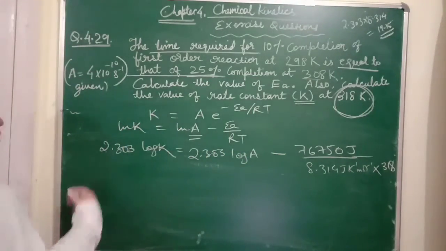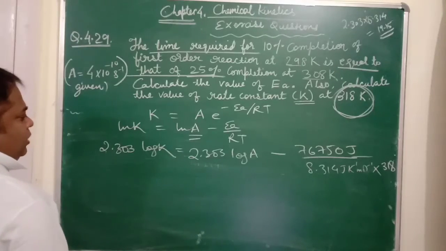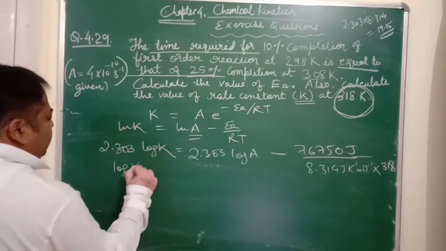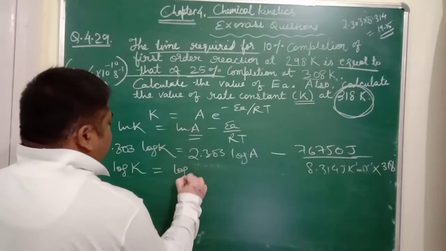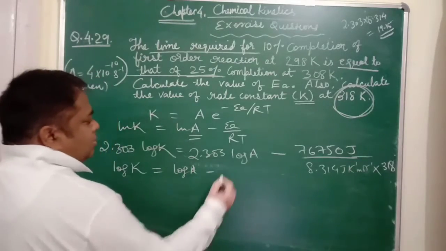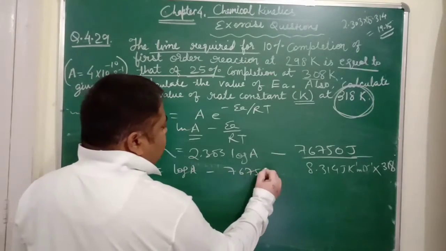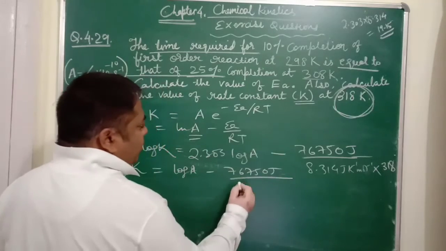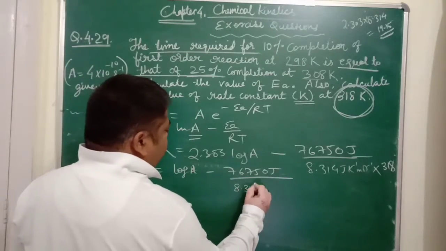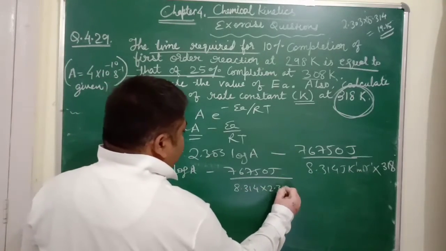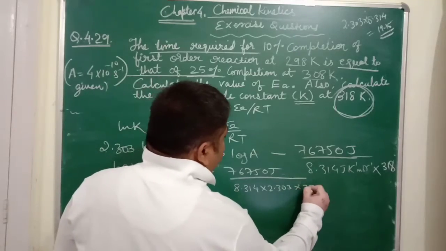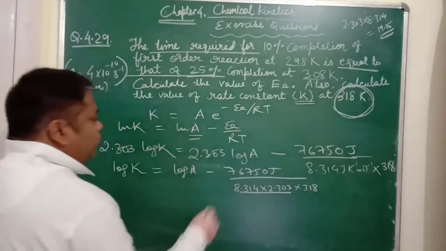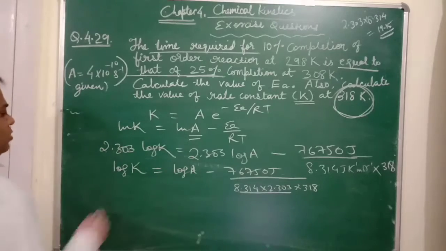Dividing both sides by 2.303, we get log k is equal to log A minus 76750 divided by 8.314 into 2.303 into 318. This value will be 19.15. This value is known to us.